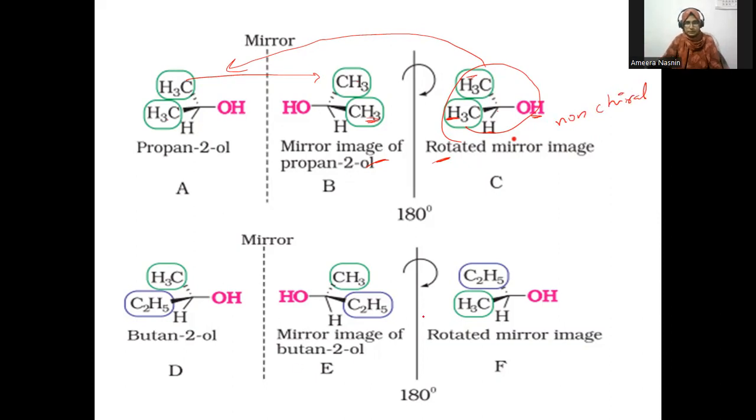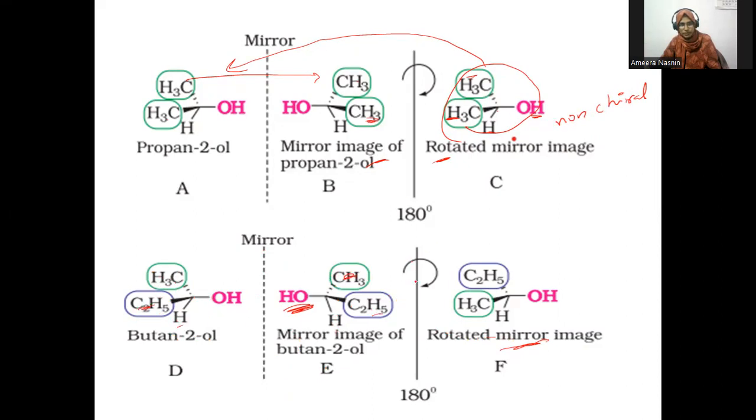And this one, the rotated mirror image, in which this is our initial molecule. This one is reflected, and the OH group comes first, this is the methyl group, this is the ethyl group, and this hydrogen is here.